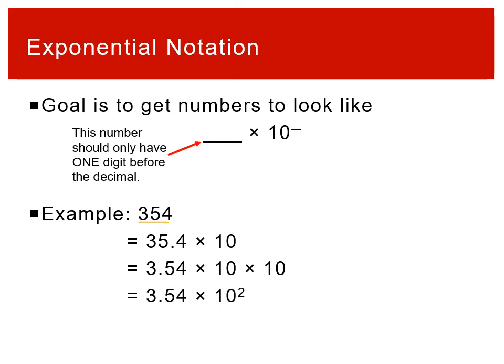Basically, we know the decimal is right here, right after the 4. And we want it to be after the 3. So we have to move it once, twice. And that would be the same thing as times 10 times 10, or basically pulling out a 10. So 354 is the same value as 3.54 times 10 to the 2nd power.